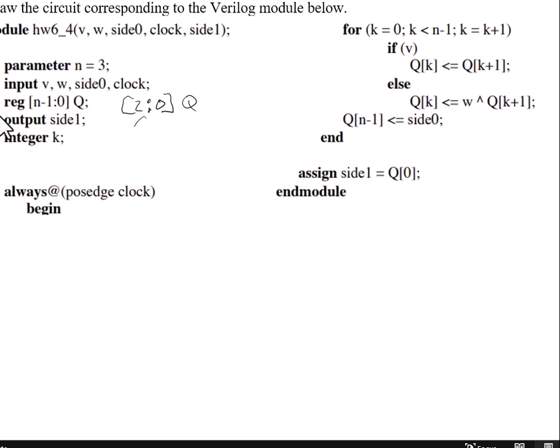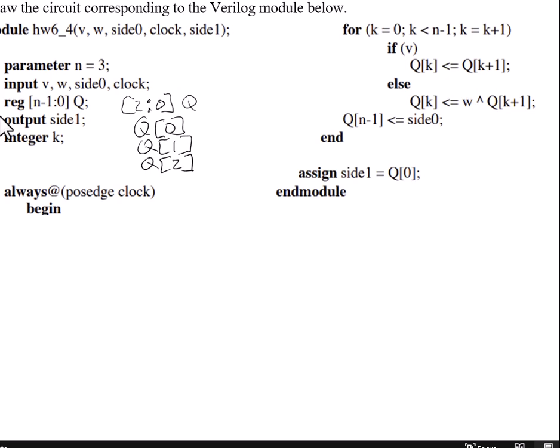That means I have Q0, Q1, and Q2. And I can access those individually, or I could access the entire thing as a 3-bit number. I don't in this problem, but you will see it in other problems.